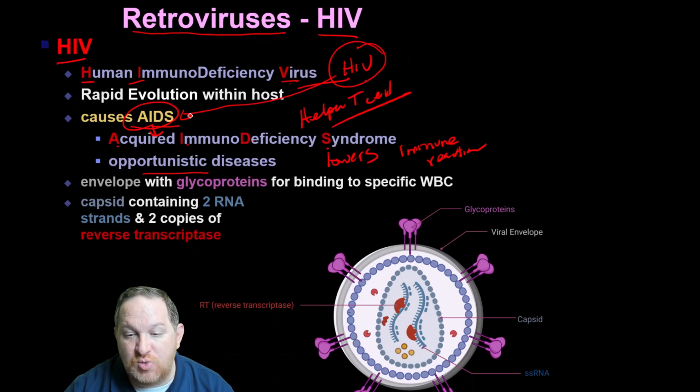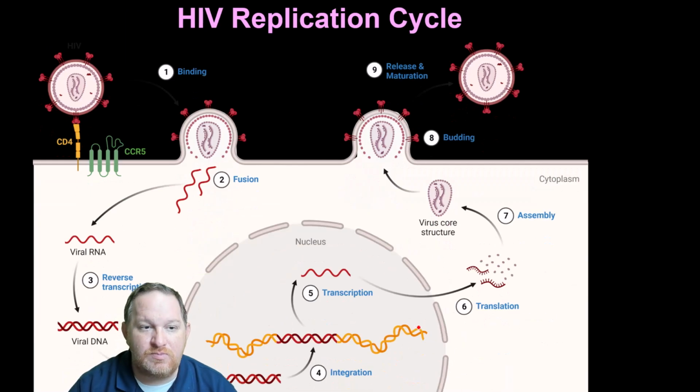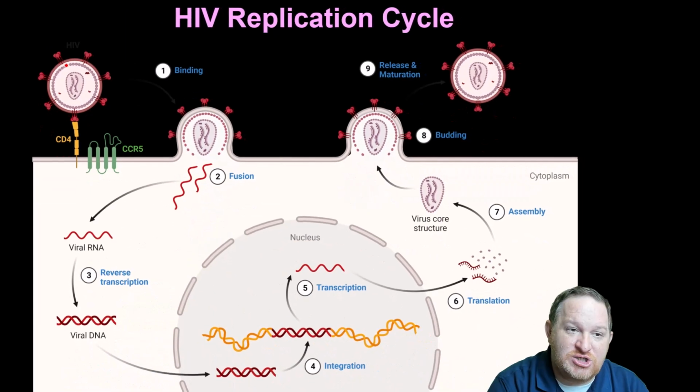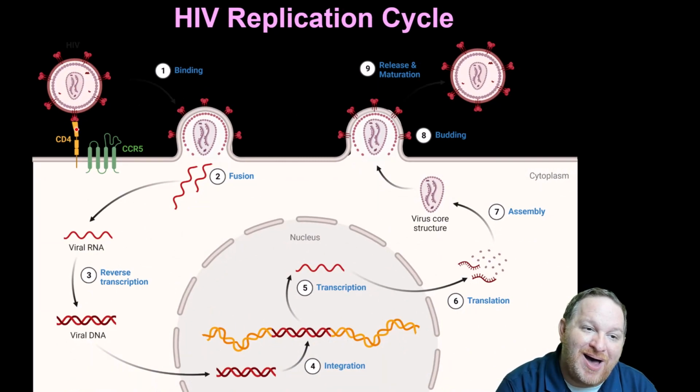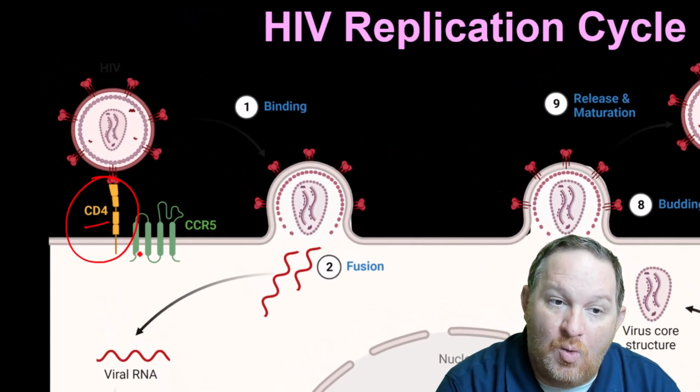So here is what HIV looks like. Inside the virus, it has its single-stranded RNA, but it also has that nasty reverse transcriptase, the enzyme which is going to take this RNA and convert it to DNA. Let me show you how that works in a cell. Here is HIV. HIV binds to a particular receptor, the CD4 receptor.